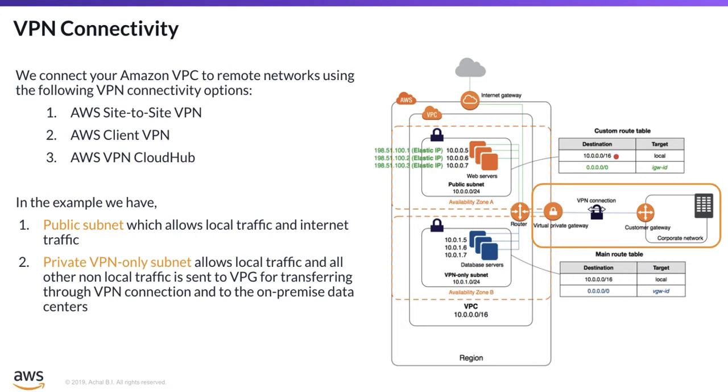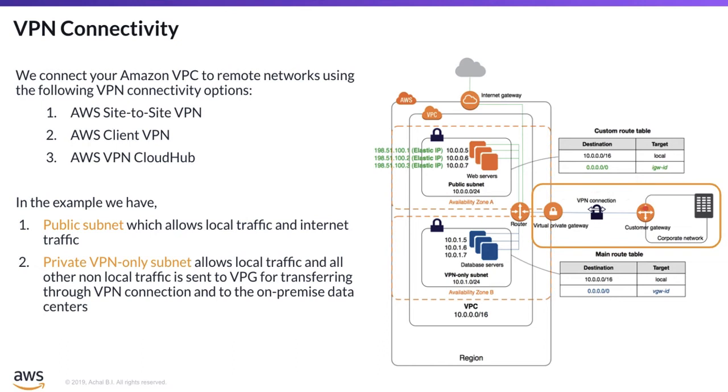A VPN connection is basically for a remote network. As I told, there is a corporate network which is trying to connect to the VPC. It establishes the connection between the two through a channel called VPN. This is an IPsec channel, so it's a secured, encrypted channel. To achieve that, we need two components on the other side.